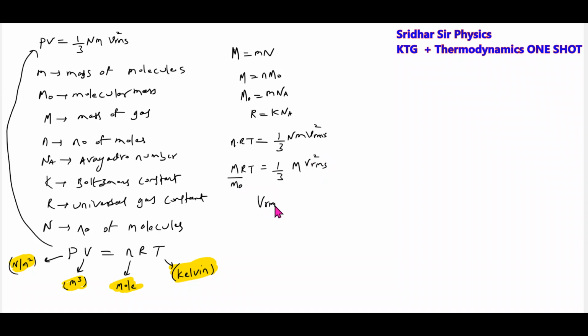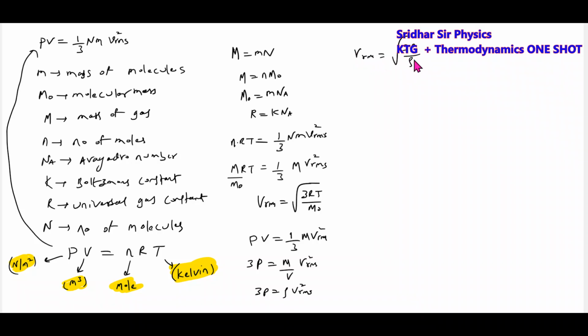Therefore V rms equals root of 3RT by m naught. Further, in the same equation PV equals 1 by 3 N m, this N into m will become the mass of gas. So 3P, mass by volume, will become density. So V rms equals root of 3P by rho.